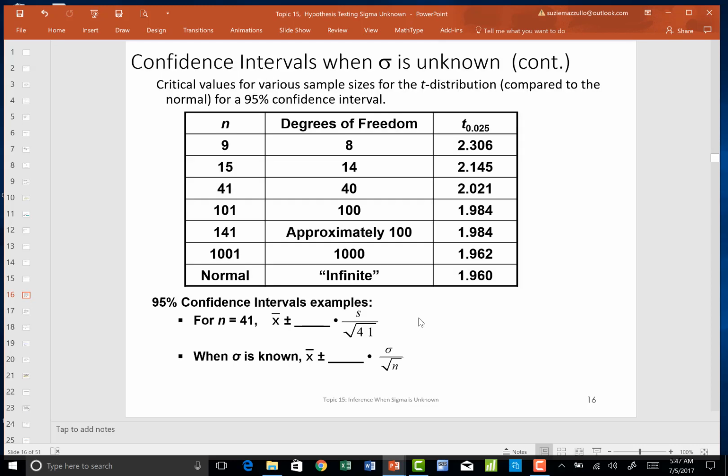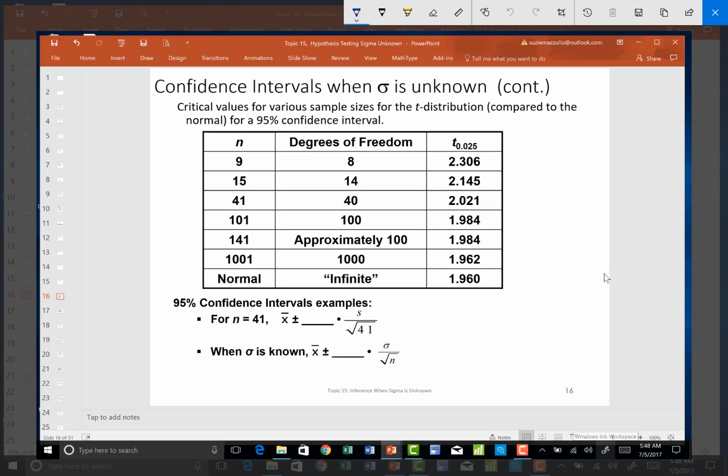Now, as you look in your student t table, you can see this converging of the student t to the normal distribution. This is very clear right here. As you can see, as my sample size increases, it's going from 9, 15, 41, all the way to 1001.